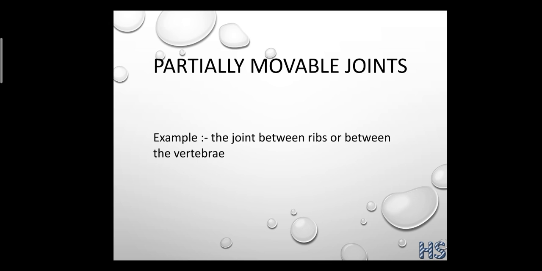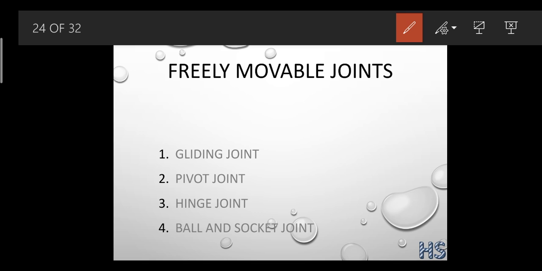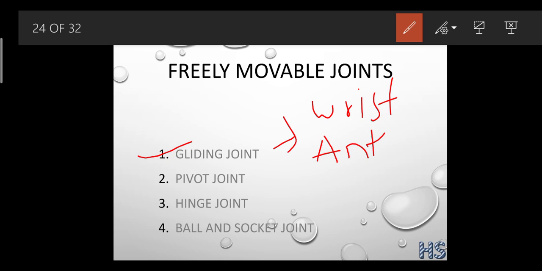First we have the gliding joints. These gliding joints are present in the wrist and in the ankle. Where are these gliding joints present? In the wrist region and in the ankle.